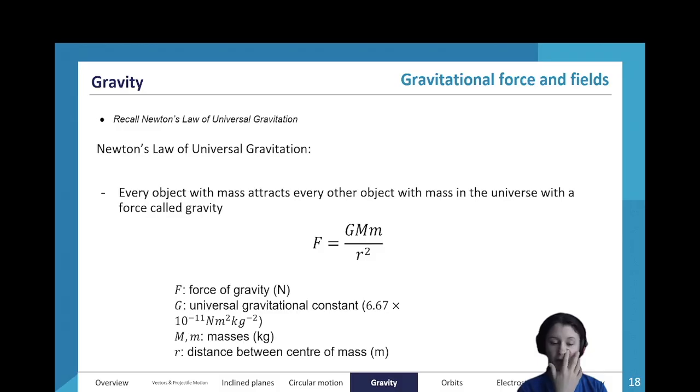So you'll be popping those two mass values in. Now, it doesn't matter which value is big M and which value is little m, they're just multiplied, so you don't need to worry about that. And then r is the distance between the two masses.